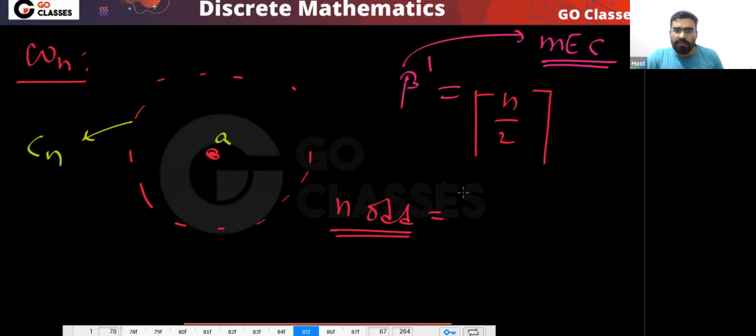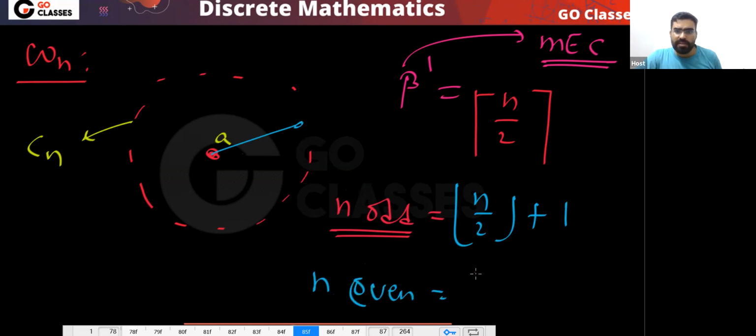You can cover half of them, and +1 you can cover the remaining vertex like this. And if your n is even, then that will be simply n by 2. So ultimately in both the situations, you will get this.